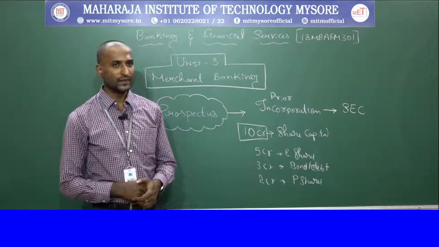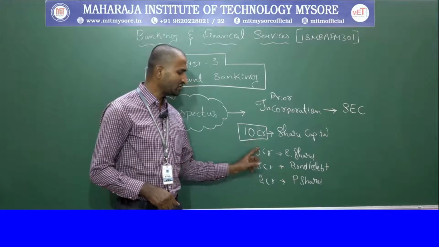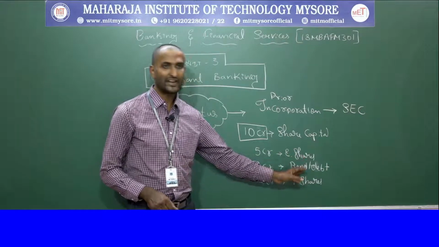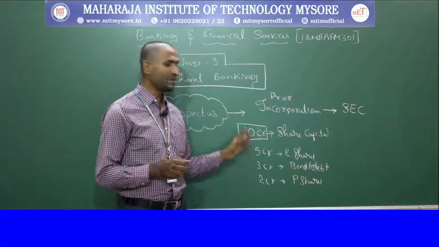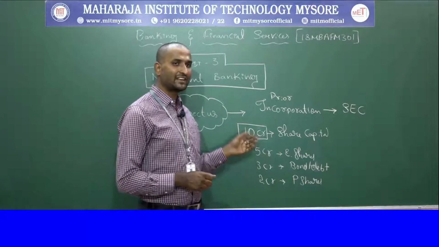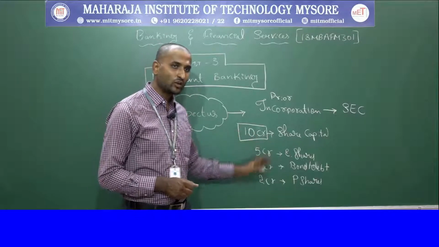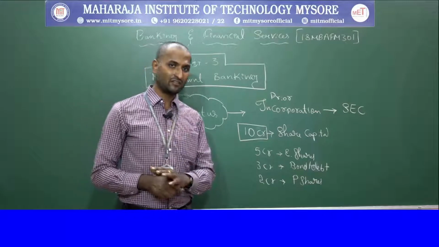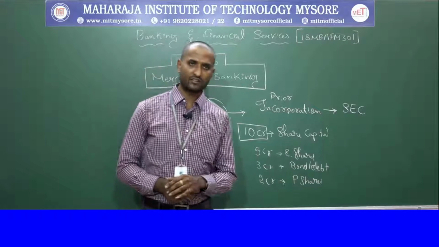Here they can plan how much they go for public investment through equity shares, and how much through debt. Whatever information they provide in the prospectus decides how much authorized capital they can issue to the public, and what different modes they are using. The shareholding pattern of the investors is also finalized in the prospectus.